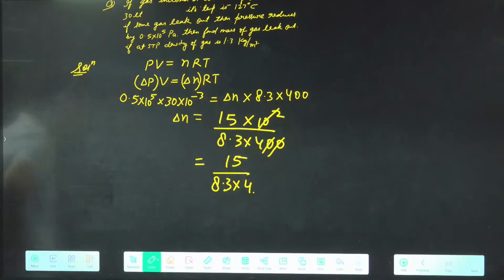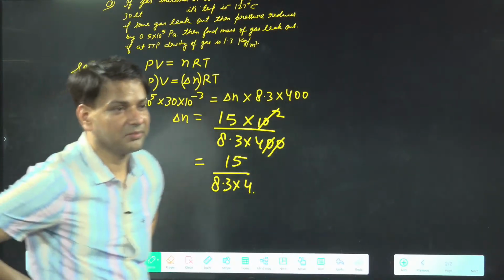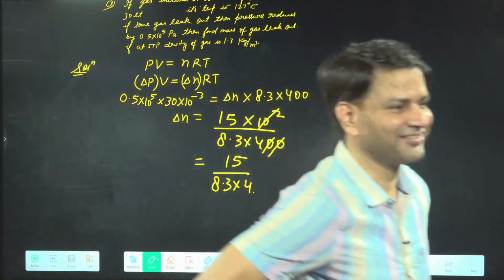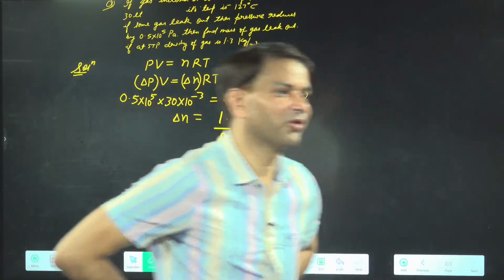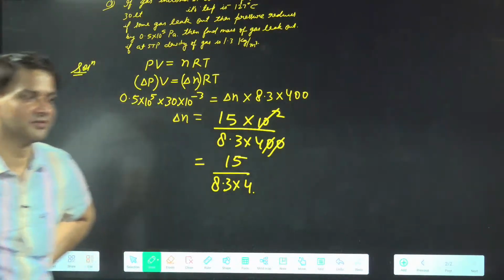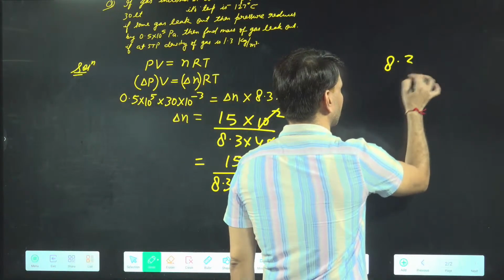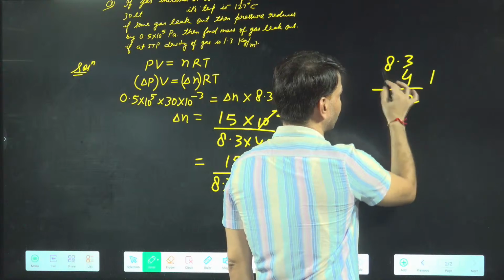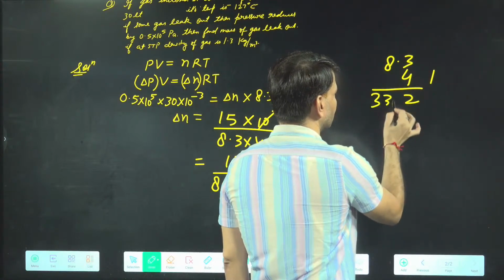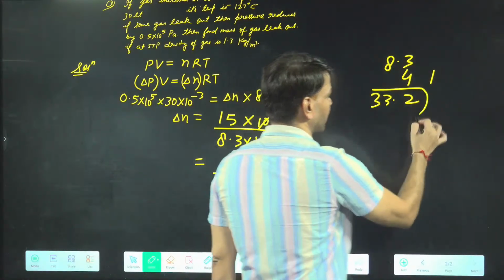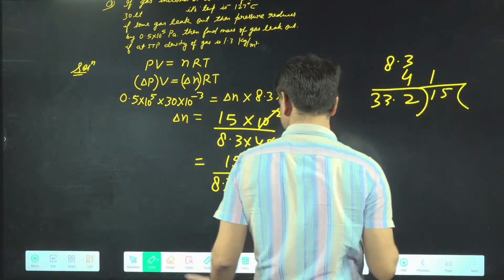I have to do 3 upon 5.1, so it will come less than 1. Okay, no problem. So 8.3 into 4: 4 threes are 12, 2, and 8 fours are 32, plus 1 is 33. So 33.2, and we have to divide by 15.